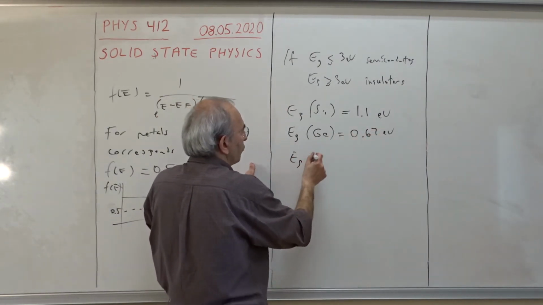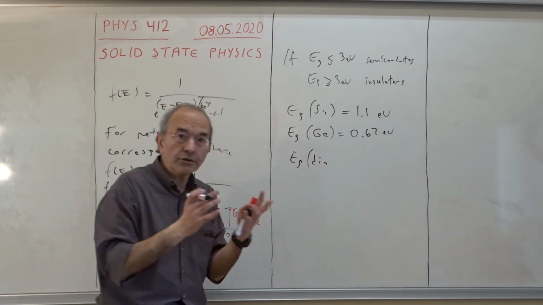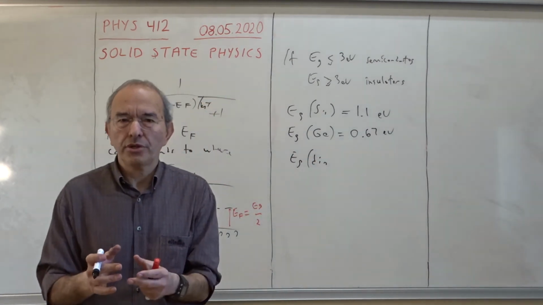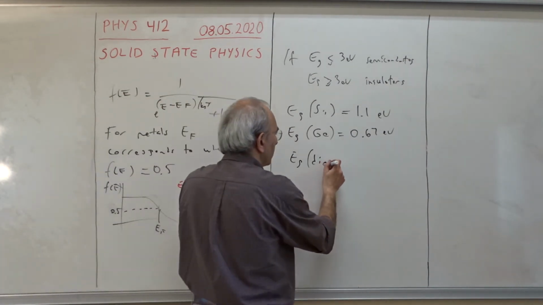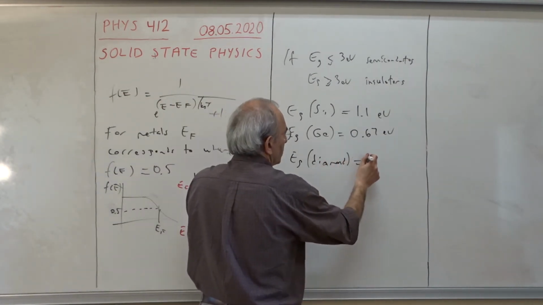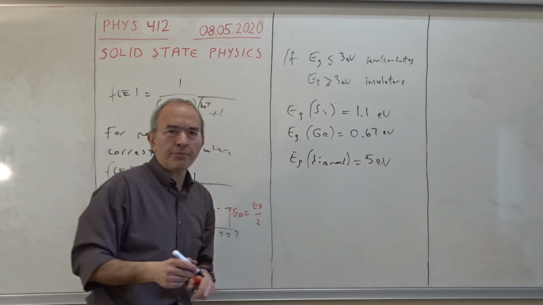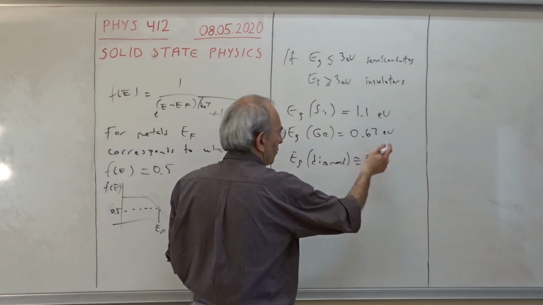But the energy gap for diamond, a kind of carbon, because it consists of carbon atoms, is approximately 5 to 5.5 electron volts.